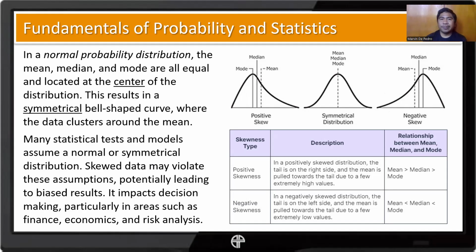Okay, so kindly observe for you to better understand the concept of skewness. Just remember, especially when we are doing parametric tests, parametric statistics, we have to make sure that our data set is normal. Otherwise, we cannot do that.